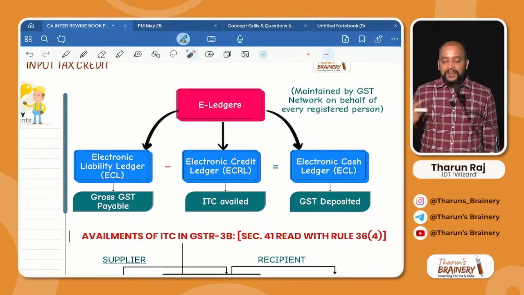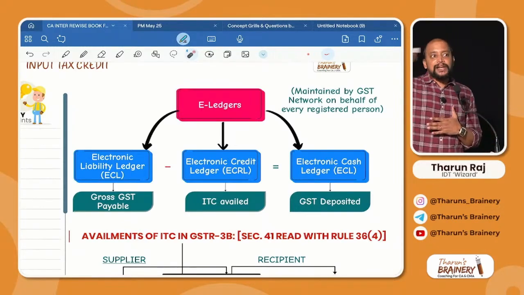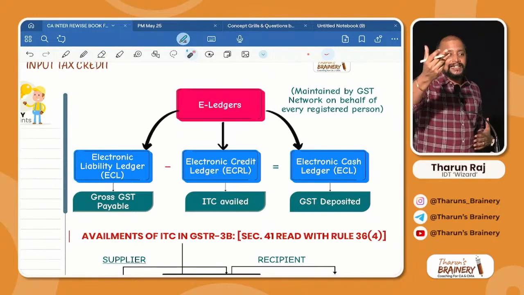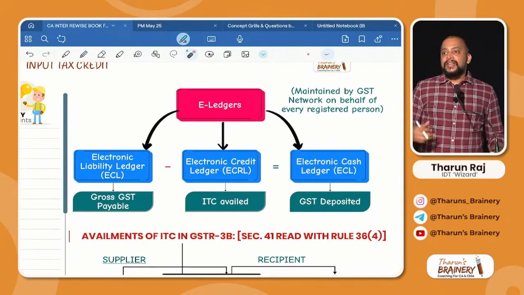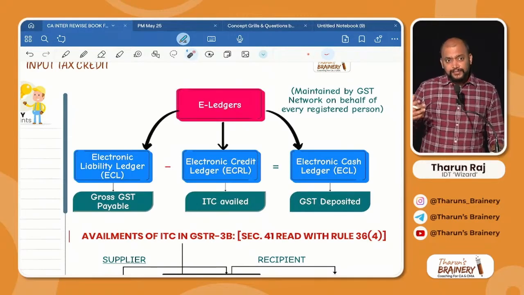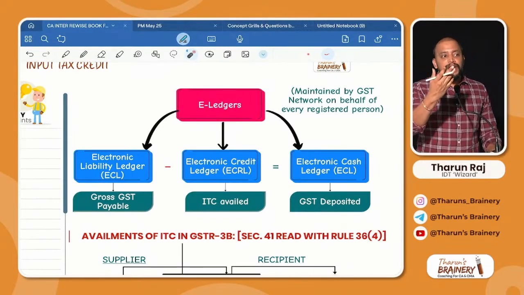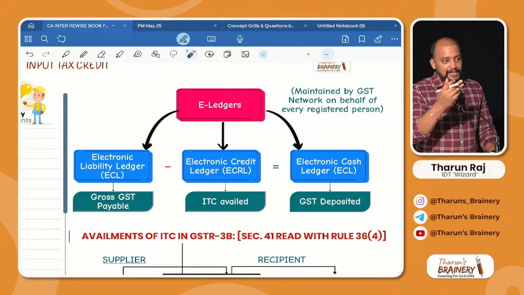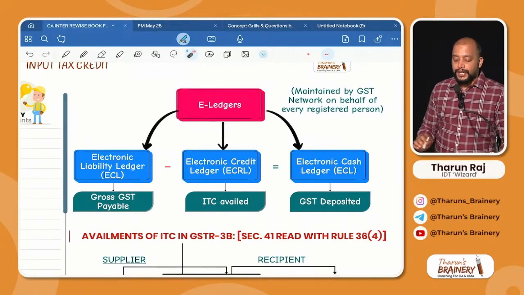For example, ITC is an asset, so it will show a debit balance. As they maintain the ledger, it will show a credit balance, just like your cash book and passbook concept. Then liability is a credit balance, but as they maintain the ledger, the liability will show a debit balance. Is it clear?